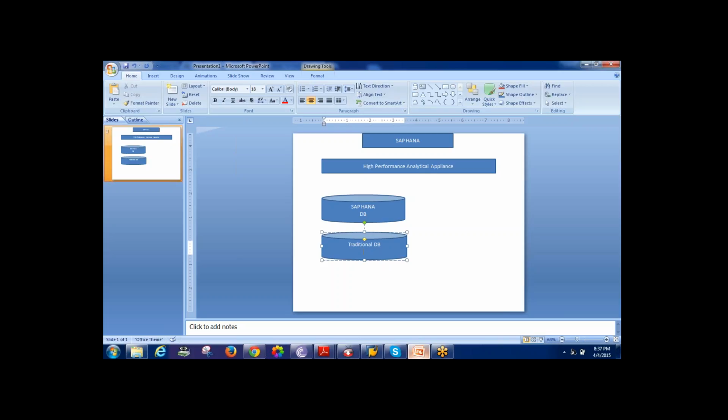RDBMS, Relational Database Management System. For example, Oracle, MS SQL, Teradata, MaxDB. There are a number of databases available, like Oracle, Microsoft SQL Server, Teradata, and so on.